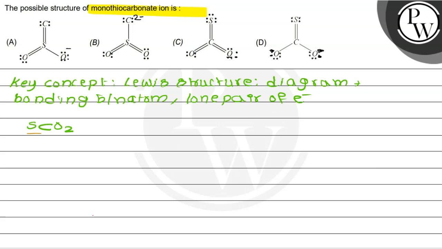What are the elements present in SCO2, that is monothiocarbonate? Sulfur, carbon, and oxygen. These three atoms are present. Considering their electronegativity, a negative charge on oxygen is more stable when compared to sulfur and carbon.